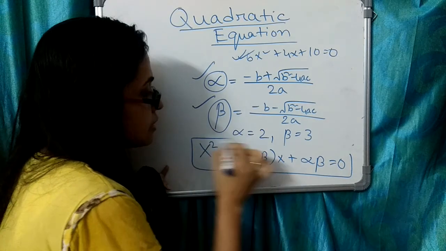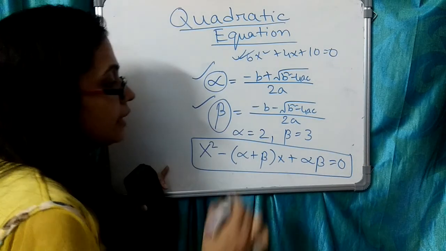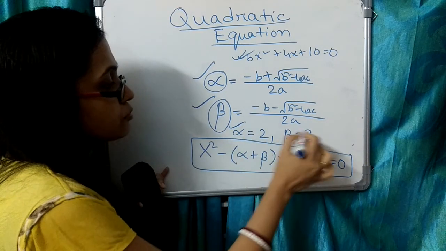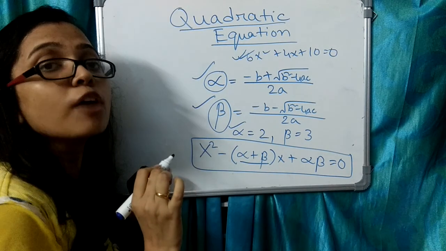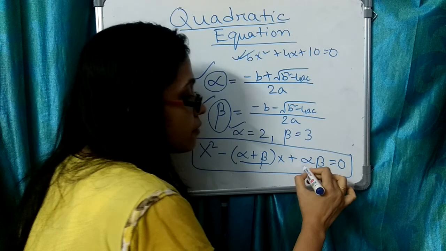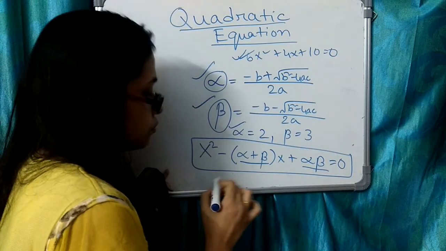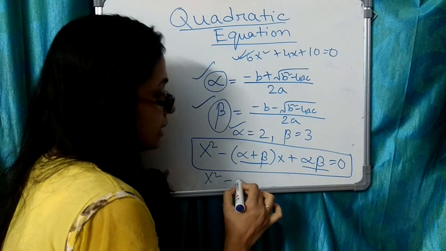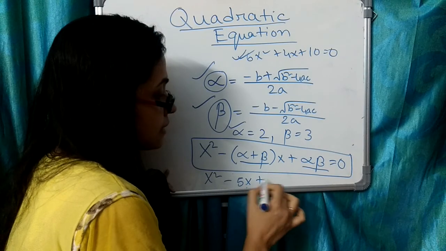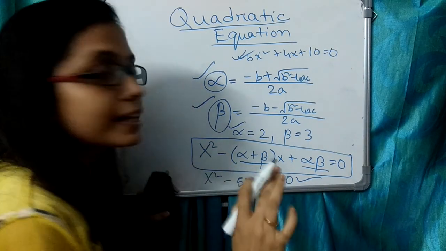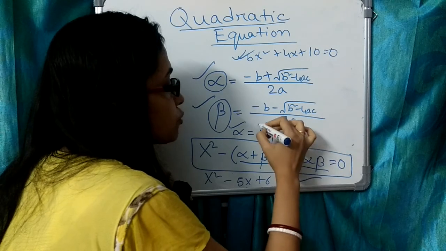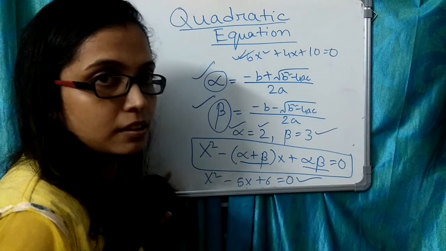This is the quadratic equation. That means if alpha is 2 and beta is 3, first we find the sum of the two roots, then the product of the two roots, giving x² - 5x + 6 = 0. This will be the quadratic equation of the given roots 2 and 3.